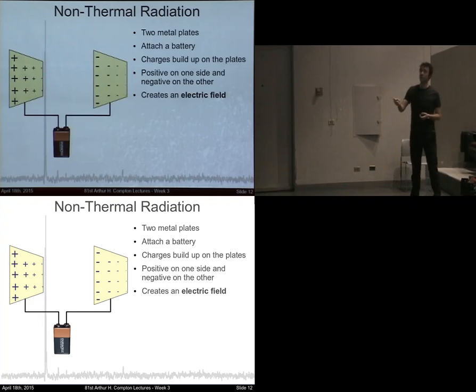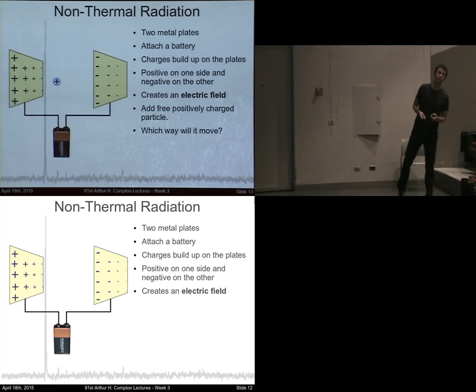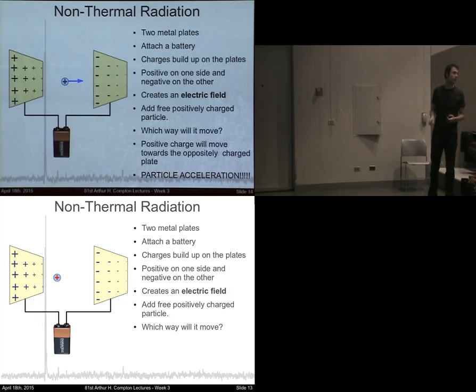And this creates an electric field between the two plates. And if you plop a charged particle in there, it's going to feel that electric field and it will be accelerated. And so, which way will it move? Everybody knows that the positive wants to leave its positive buddies and escape to the negative guys, and so it'll move in this way. And this is an example of particle acceleration.